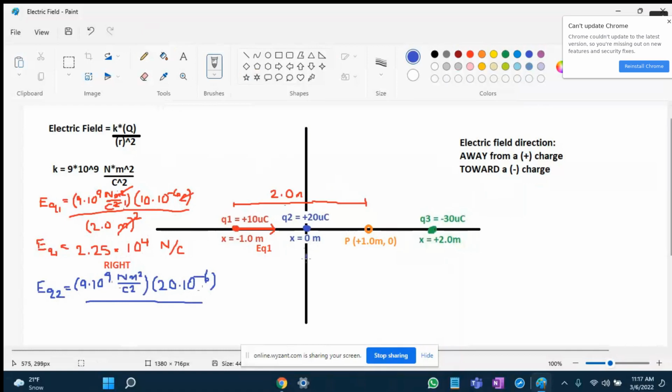The distance in this case between P and Q2 would be 1.0 meter.